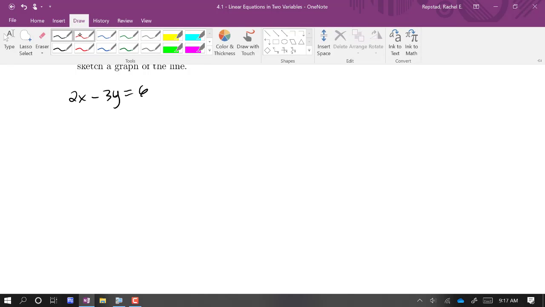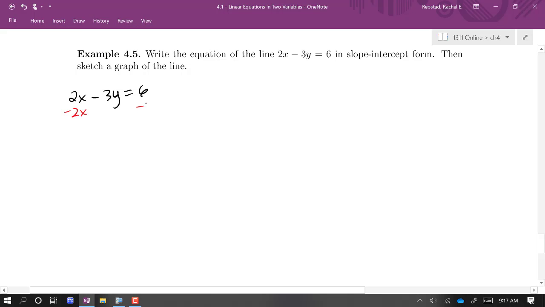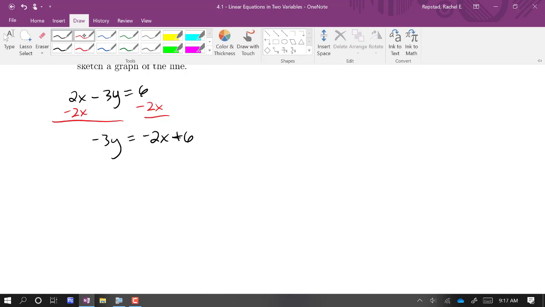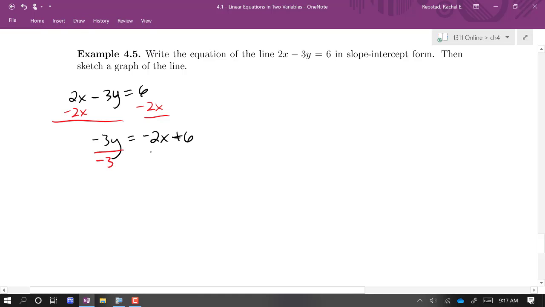I'm going to solve this for y, so I'm going to subtract 2x from both sides. Negative 3y is equal to negative 2x plus 6. If you were going to write 6 minus 2x there, that's fine. They're equivalent. And then I'm going to divide both sides by negative 3. Now, if I'm dividing that entire side by negative 3, then I can split up that fraction and divide each term by negative 3.